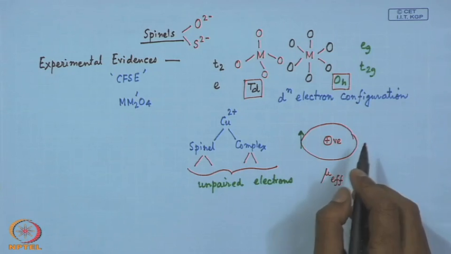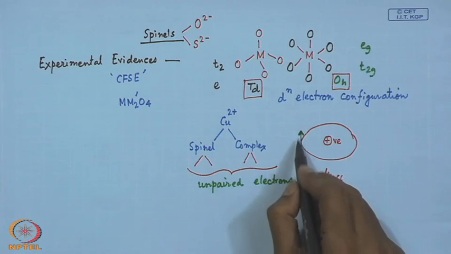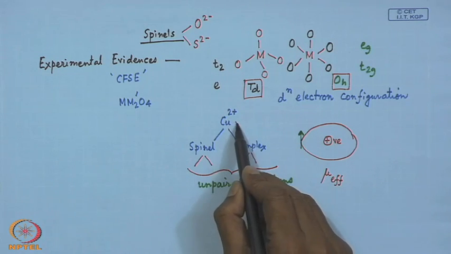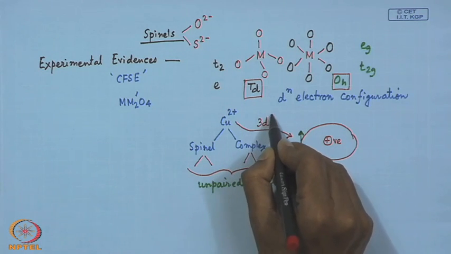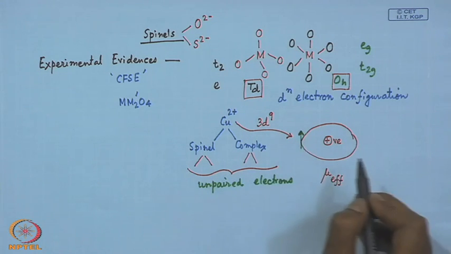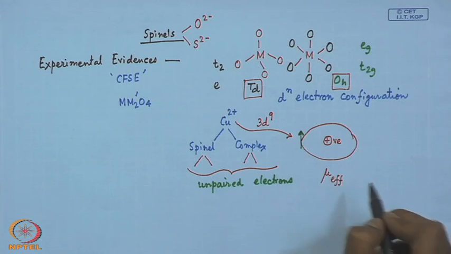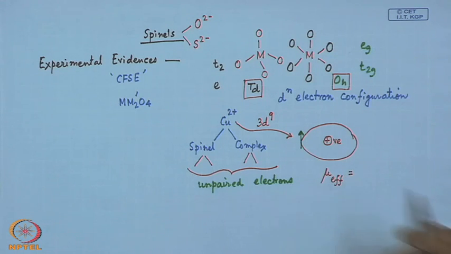When we are talking about a system with individual unpaired electrons, if it is copper 2 plus, we know that it is a 3d9 system. So, we have one unpaired electron, and that unpaired electron is responsible for giving rise to the corresponding mu effective value.